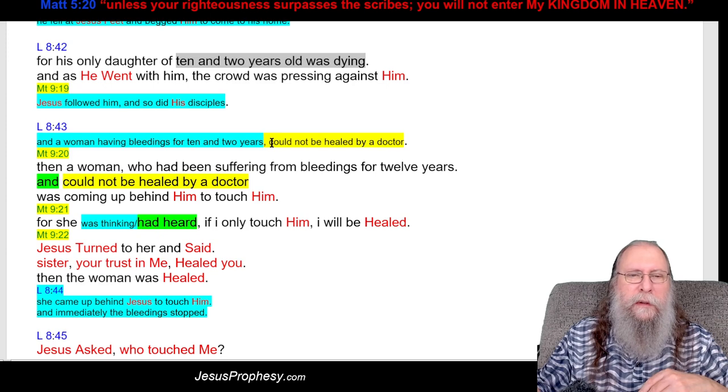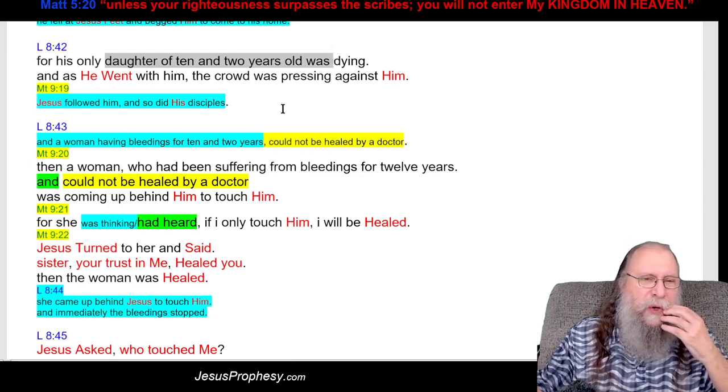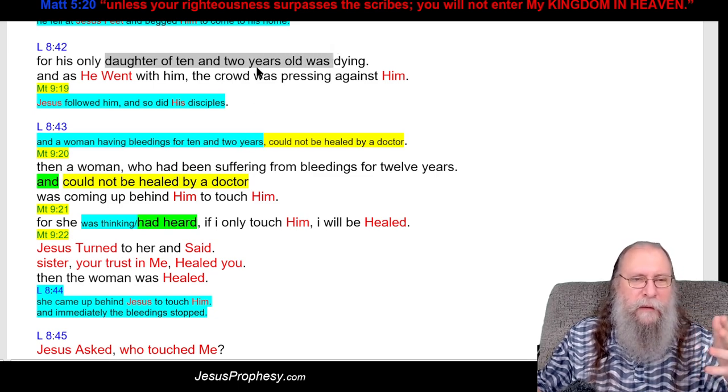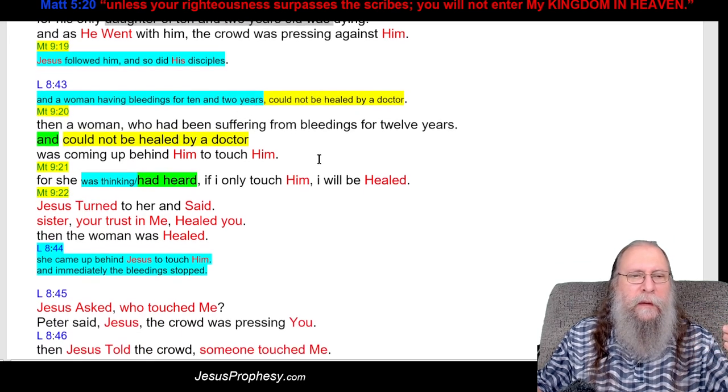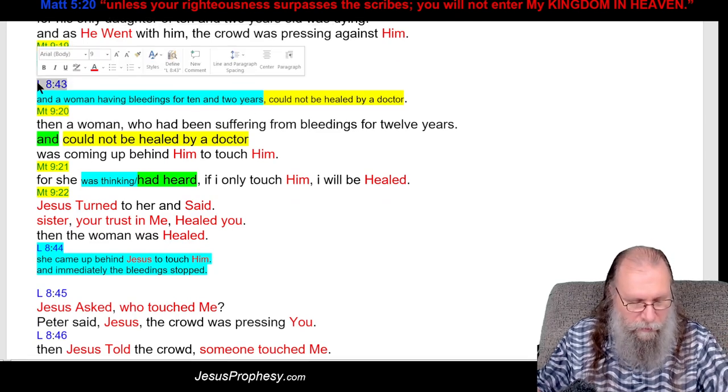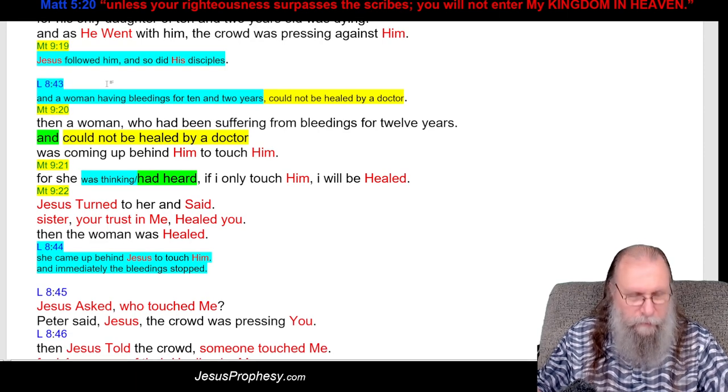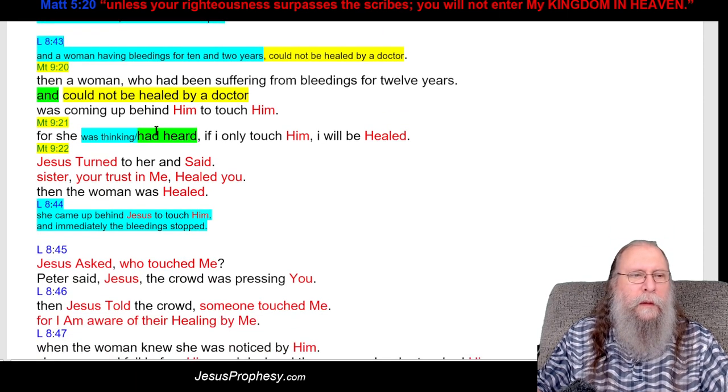Now, I'm using this text here from this verse down here, okay? Because this part of this that I'm not using is up here. So you really have to look above and below why sometimes I'm taking verses out completely or parts of verses out. I'm going to completely get rid of all of this verse here, but and for she had heard, she was not thinking, she had heard.